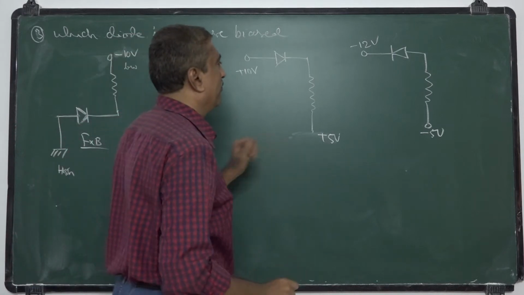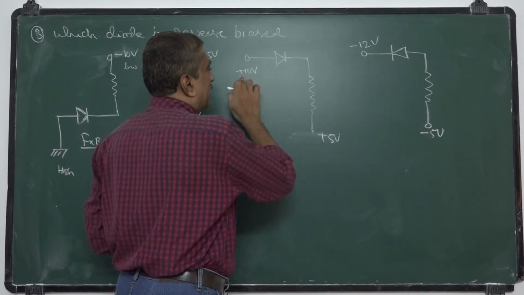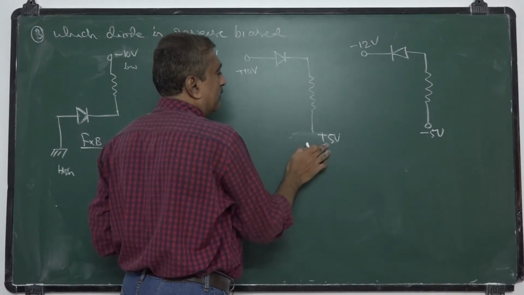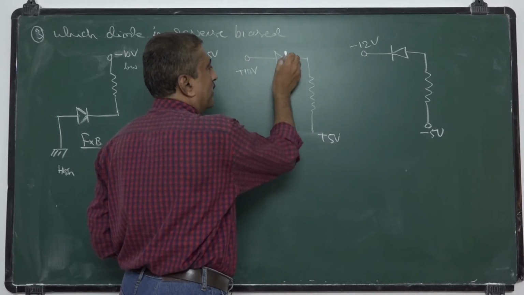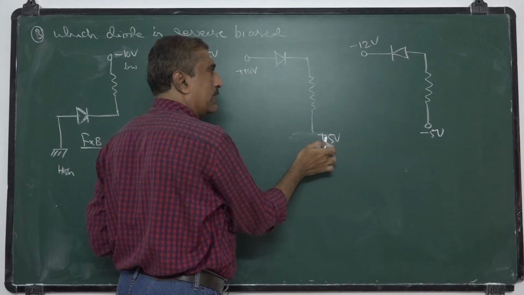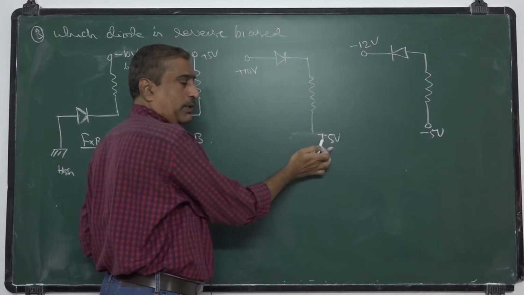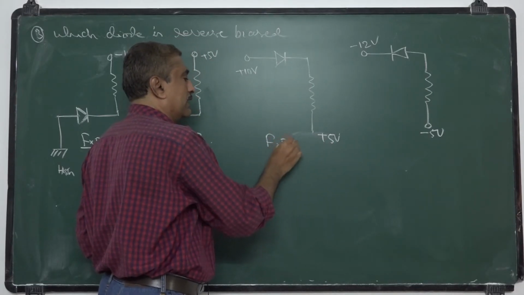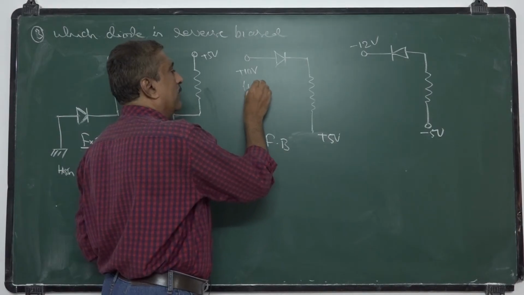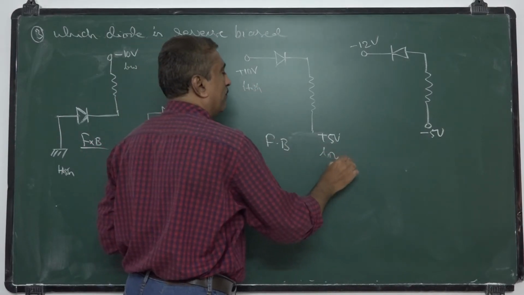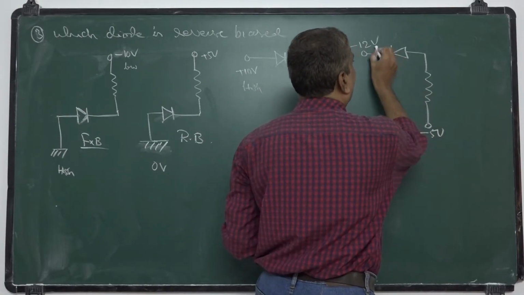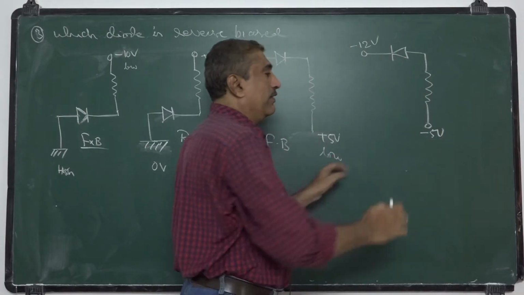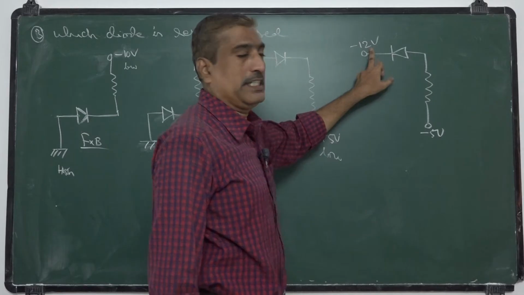Now this is plus 10 and this is plus 5. So plus 10 is connected to positive terminal and negative terminal is connected to plus 5. That means negative terminal is at lower potential. So this is forward bias. So this is high and this is low. So now in this case, this is minus 5 and this is minus 12. So minus 5 is at higher potential compared to minus 12.